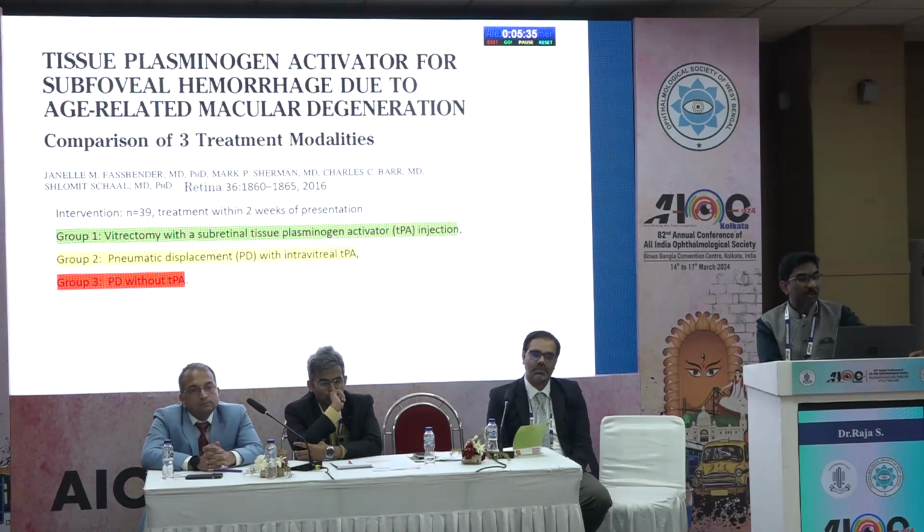This is one more study published in Retina, wherein they had 39 eyes and they divided them into 3 groups. One was a vitrectomy with subretinal TPA. Second was intravitreal TPA with pneumatic displacement, and third was only pneumatic displacement.